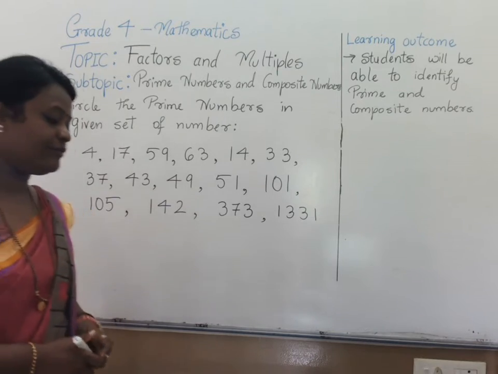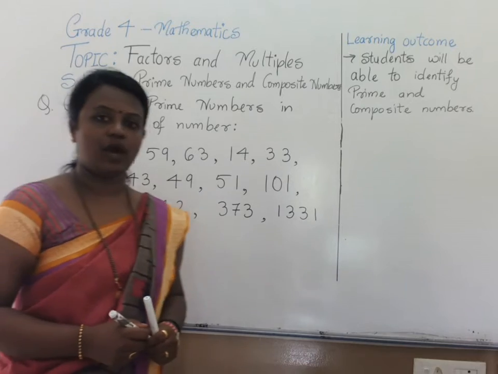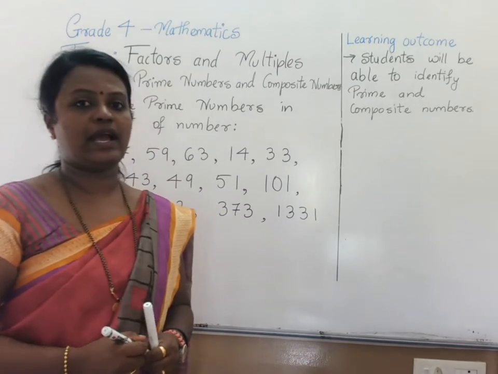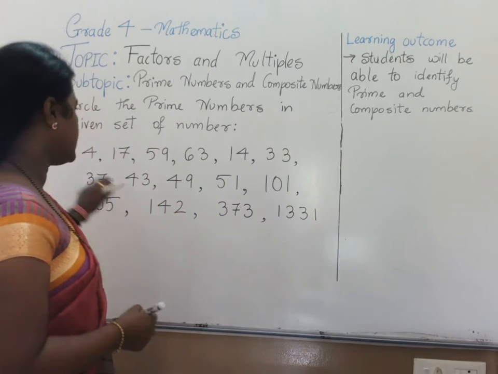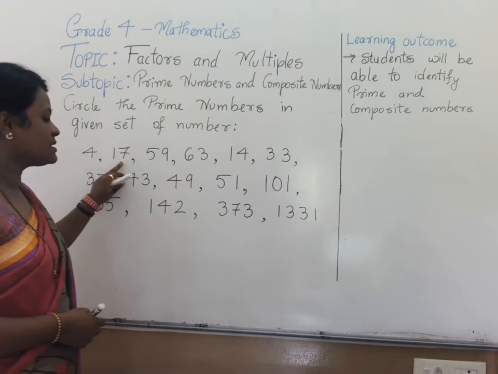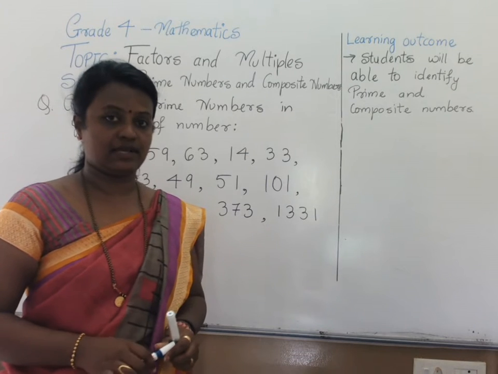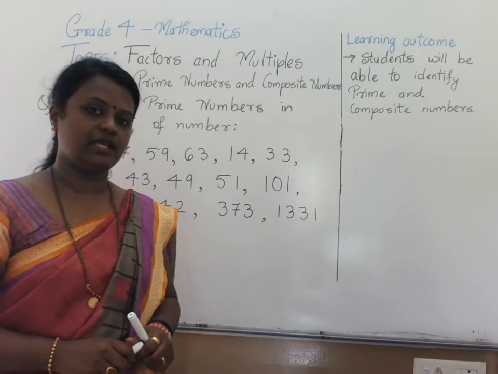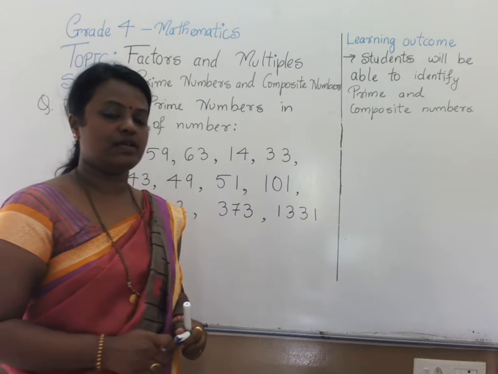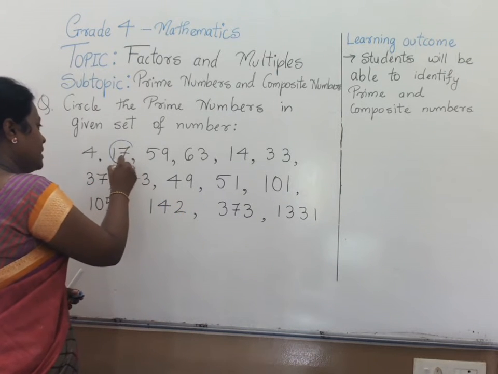When we look at 4, 4 has factors 1, 2 and 4. So we consider 4 a composite number. 17, 1 seventeen is 17. We don't have any other factors for 17. So you state that 17 is a prime number.